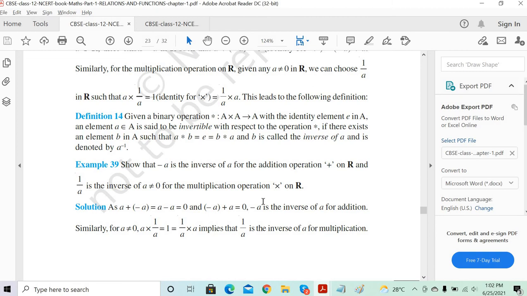So this condition matched. Then we can say B is the inverse of A. That means 1 by 2 is the inverse of 2.